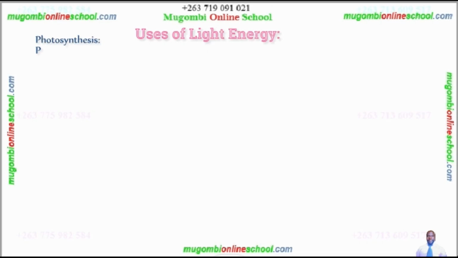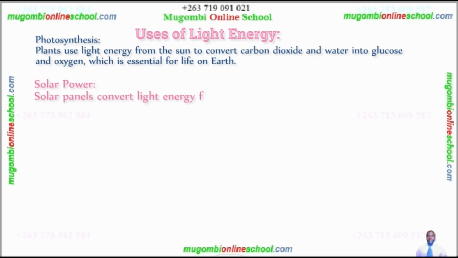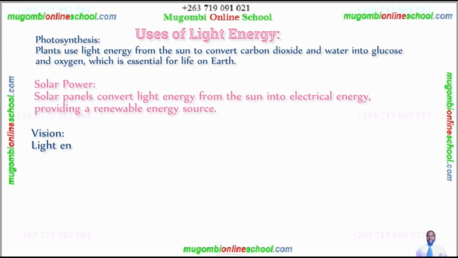Uses of light energy. Number one is photosynthesis. Plants use light energy from the sun to convert carbon dioxide and water into glucose and oxygen, which is essential for life on Earth. Solar power: solar panels convert light energy from the sun into electrical energy, providing a renewable energy source.